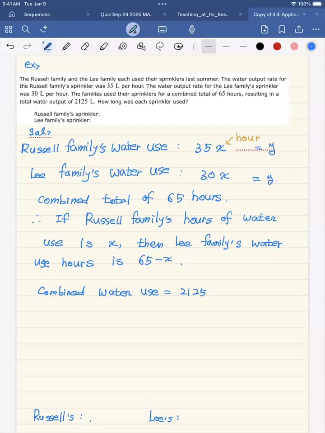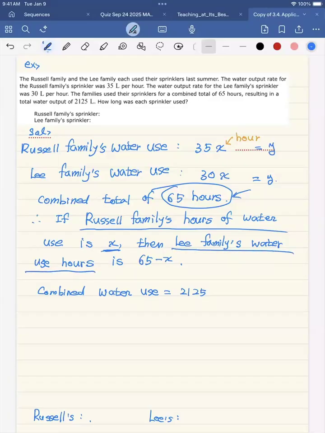So what happens here is the combined total is 65 hours. If the Russell family's hours of water use is x, then the remaining hours out of 65 will be Lee's family's water use hours. So it'll become 65 minus x.